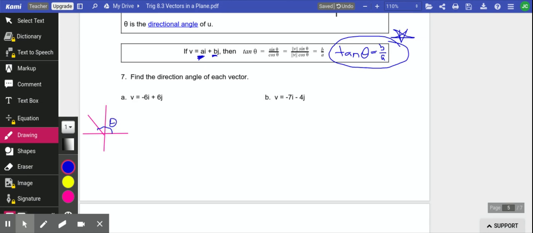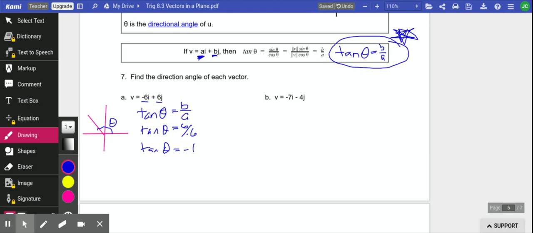Now, some of you may already know it, but let me show you exactly how we get it. So what we just learned from up here is that the tangent of theta is b over a. And tangent of theta, so our b is 6 and a is negative 6. So we have tangent theta is negative 1.